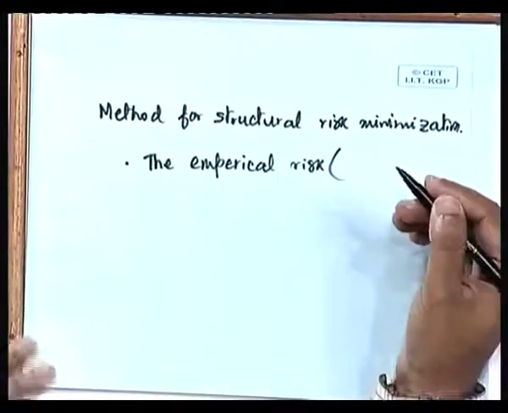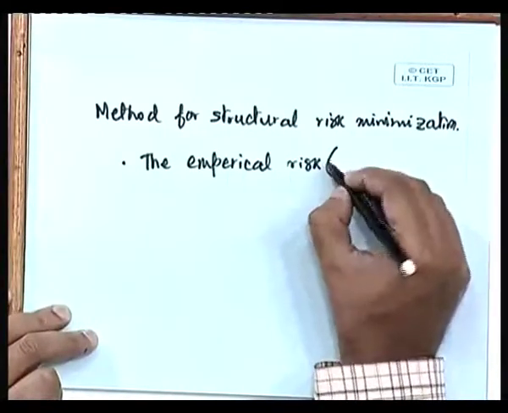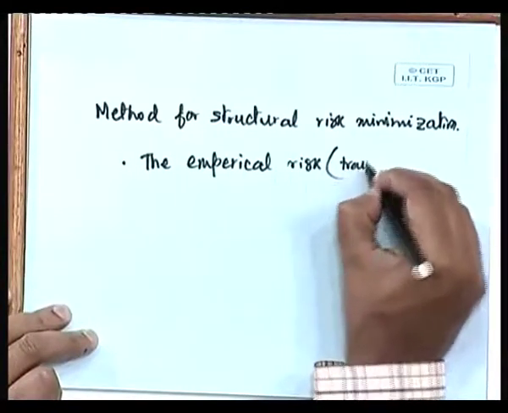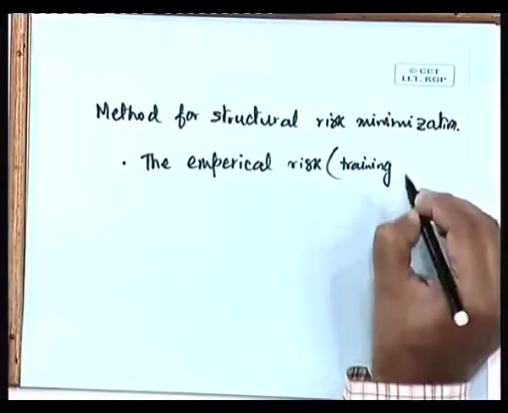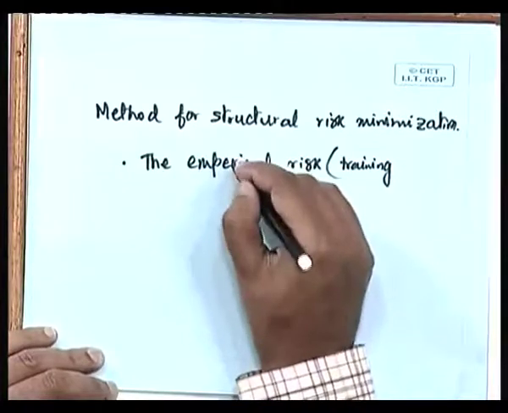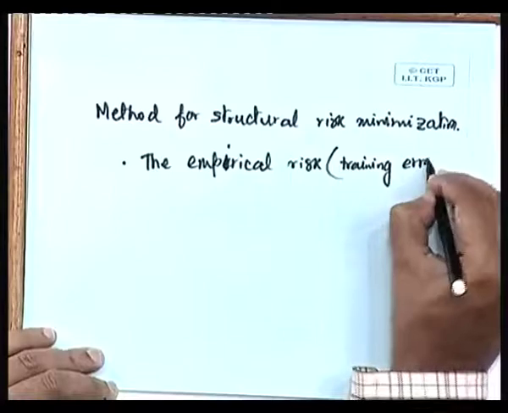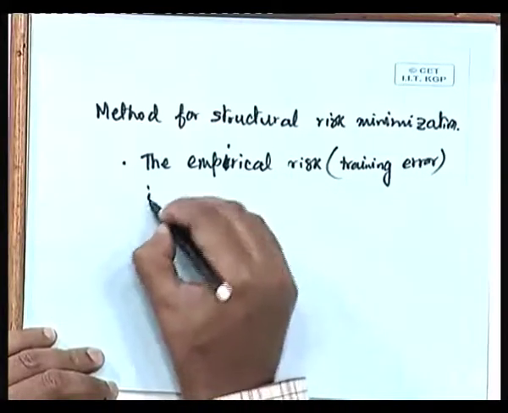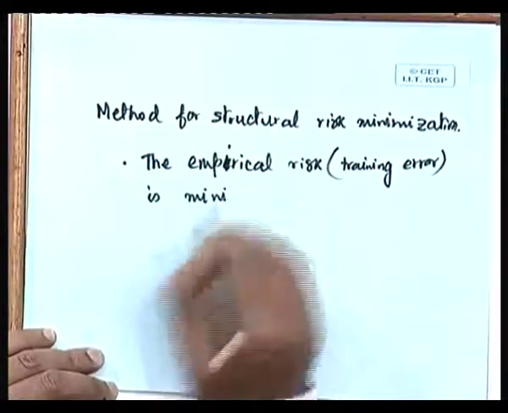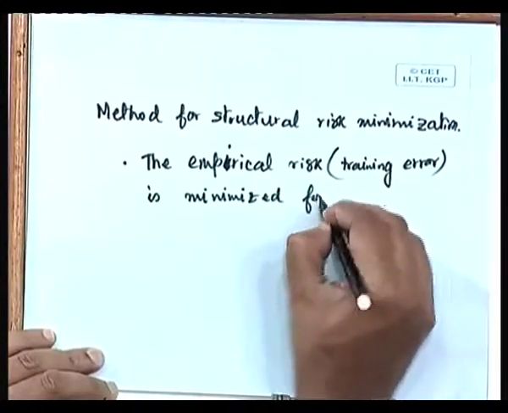Different books and literature sometimes call it empirical risk, sometimes training error, because training is after all empirical data. So that's why this is empirical risk or training error.